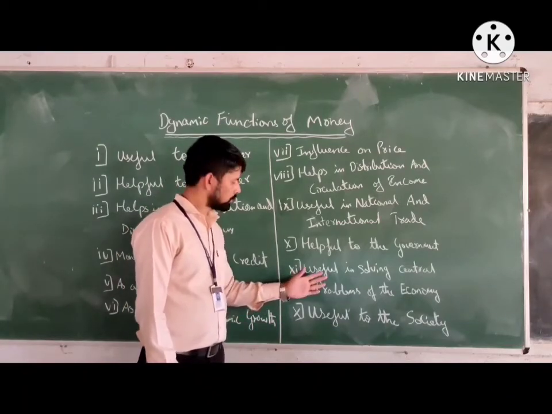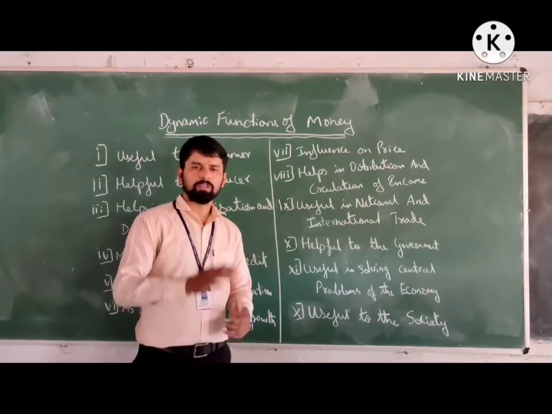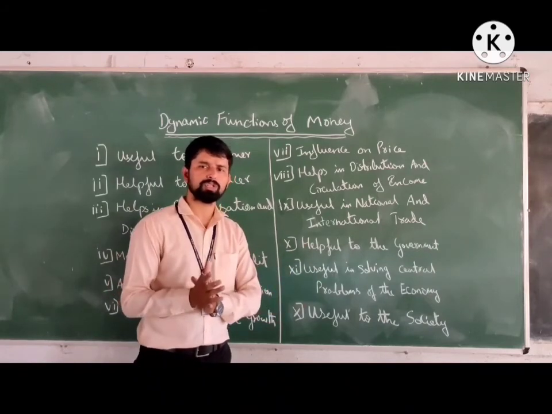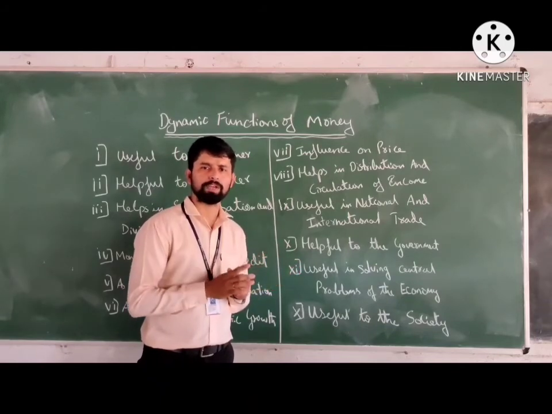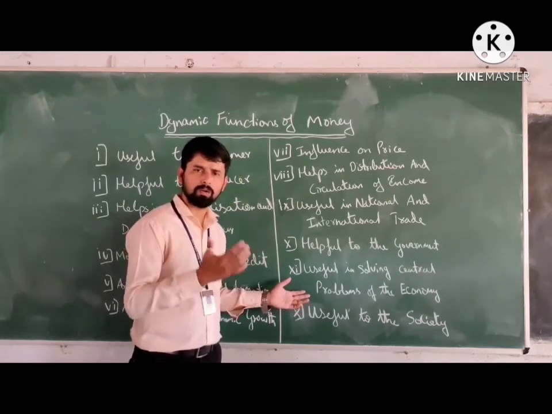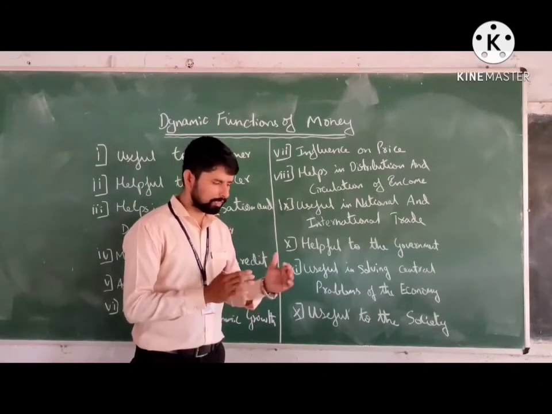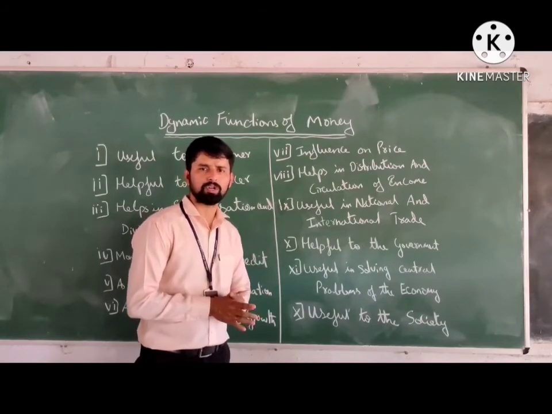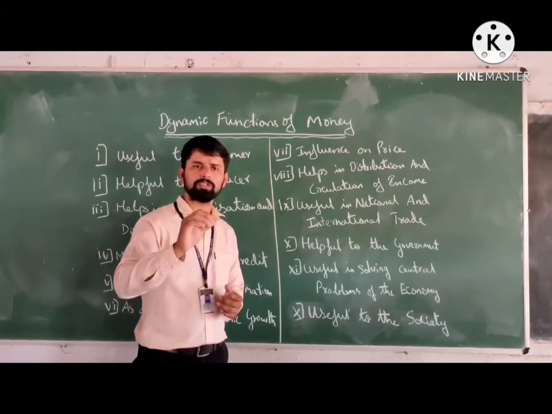11th point is that it is useful in solving the central problems of the economy. In the flow of goods and services from consumers to producers and producers to consumers, money plays a very important role, because the central problems are what to produce, how to produce and for whom it is to be distributed, right? From the raw materials to the final goods, every transaction of the economy is termed in money.